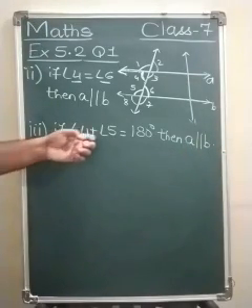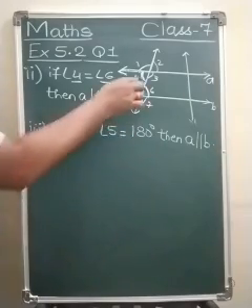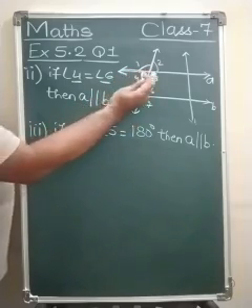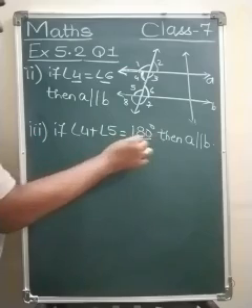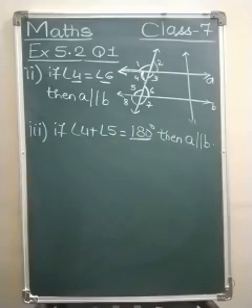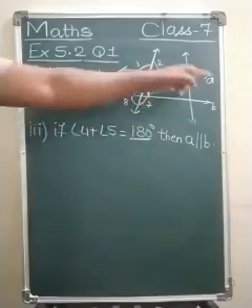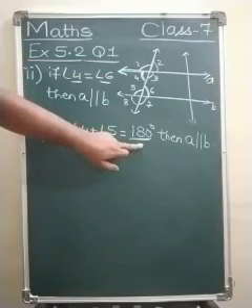Okay, angle 4 and angle 5 equals 180 degrees. 4 and 5, they are the interior angles on the same side of the transversal, and they are supplementary. Supplementary means their sum is 180 degrees. Therefore, A is parallel to B. If A and B are parallel, then these interior angles must be supplementary.